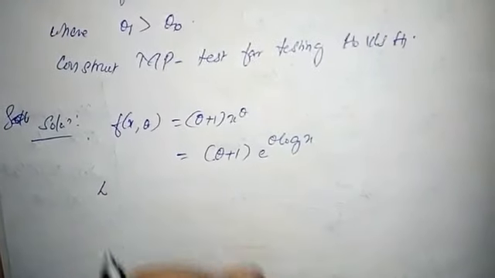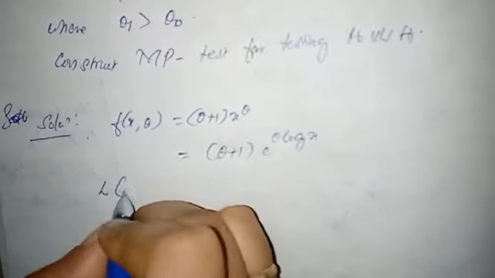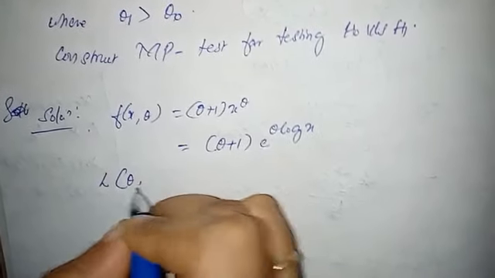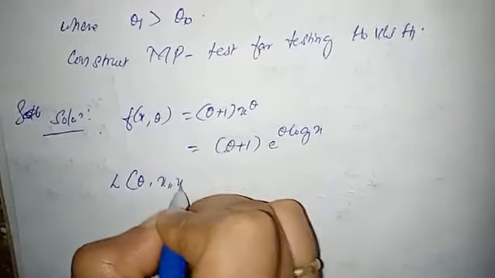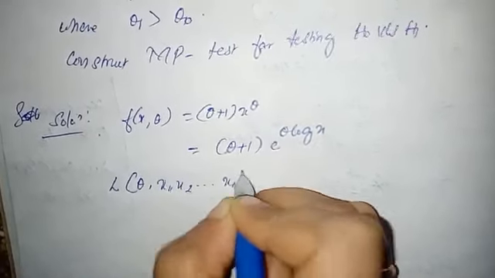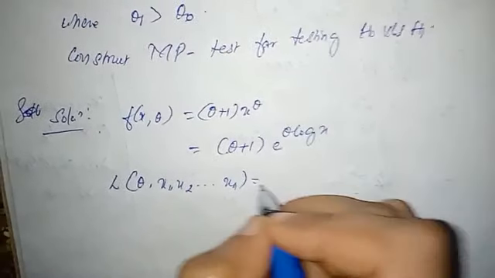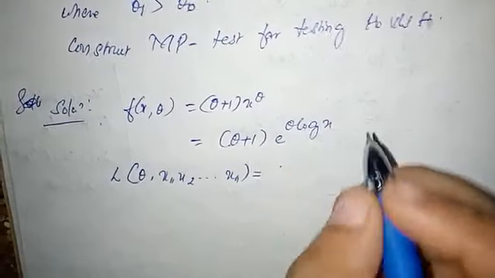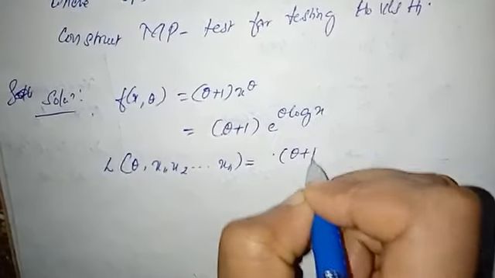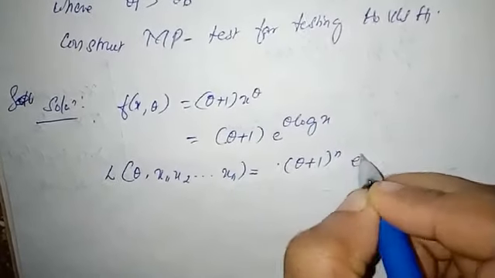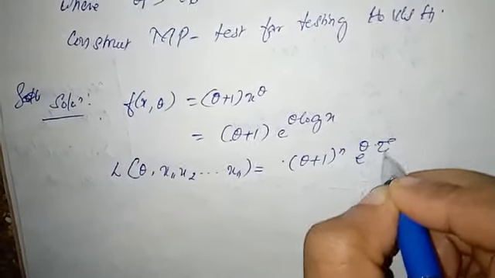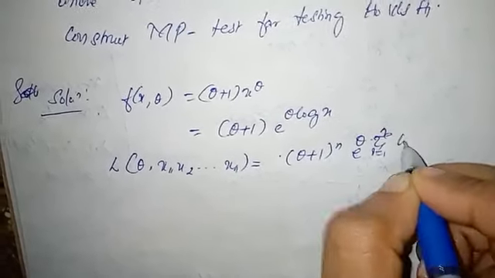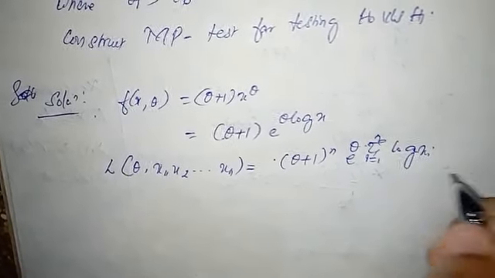Then the likelihood L theta of x1, x2, so on xn equals the product of this term, that is theta plus 1 power n e power theta into summation i = 1 to n log xi.